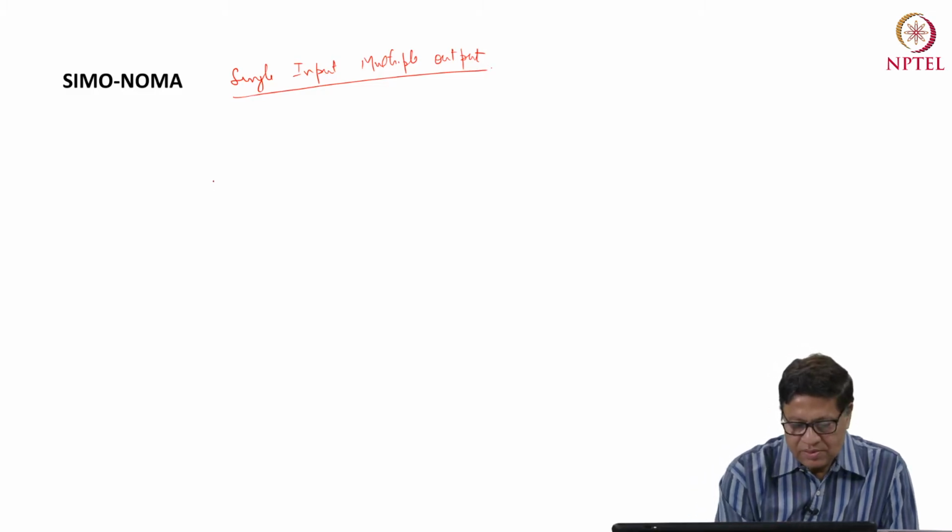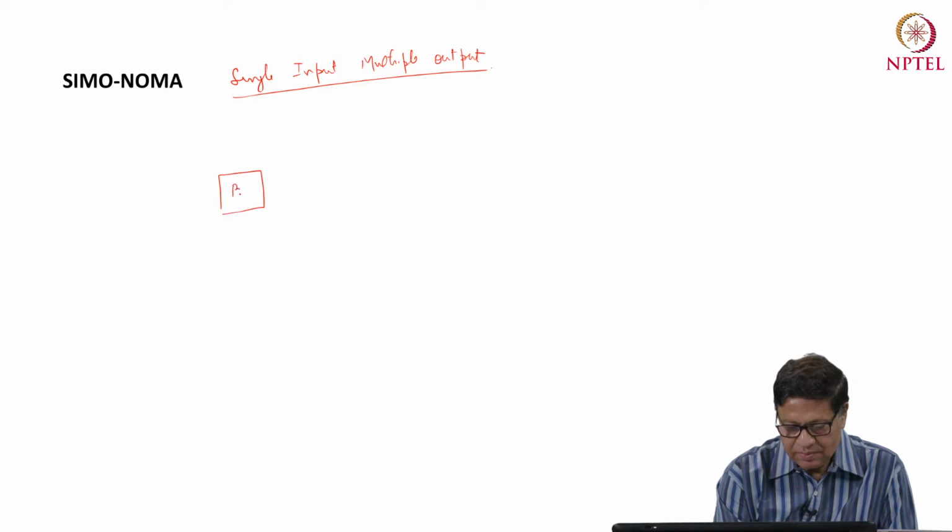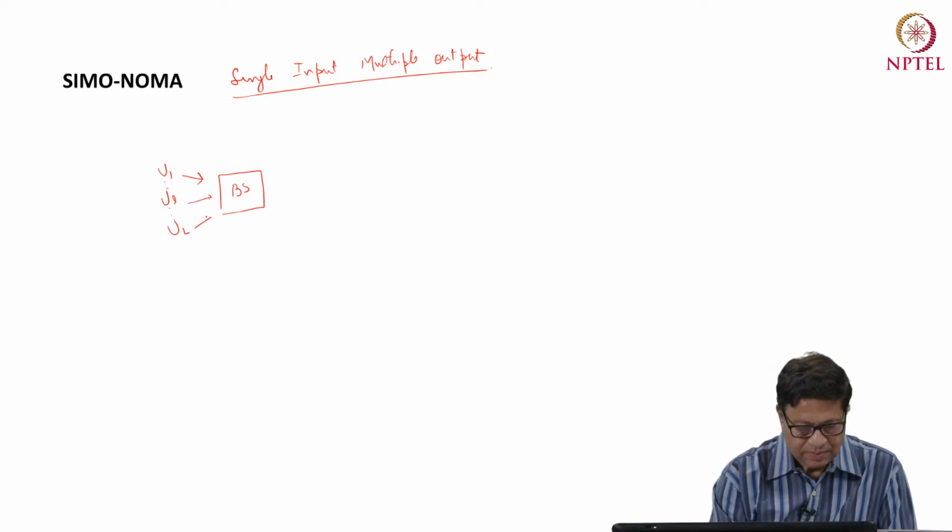In this, suppose this is the base station and these are the users U1, UL, U capital L, connected to this base station.